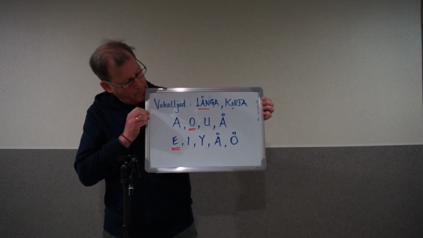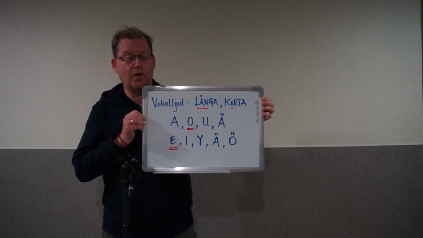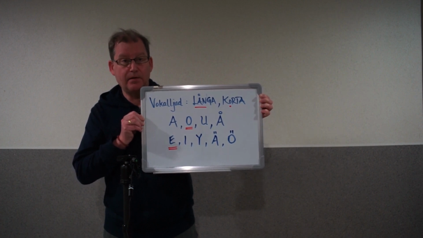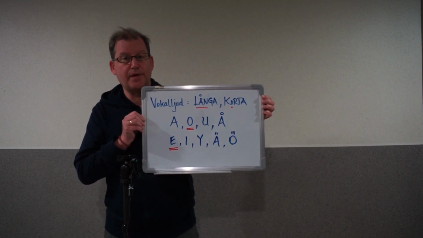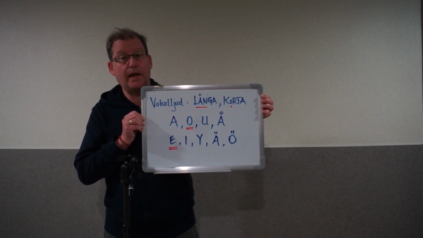So 9 vowels, 9 vokaler, times 2, because there is a long sound and a short sound. So 9 vowels times 2, 18 sounds.